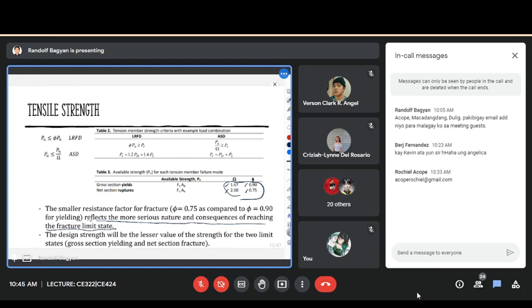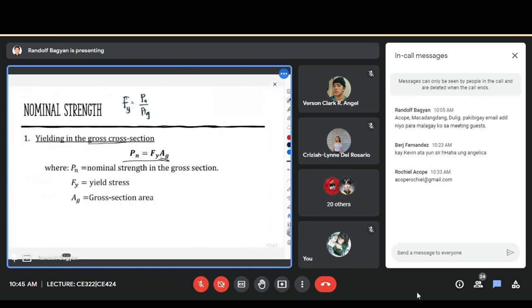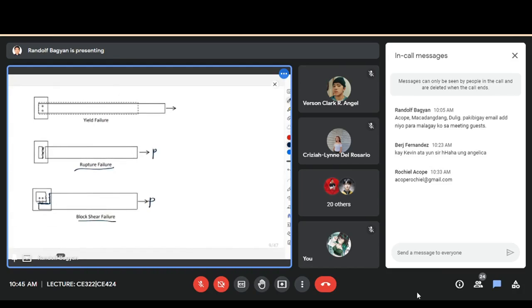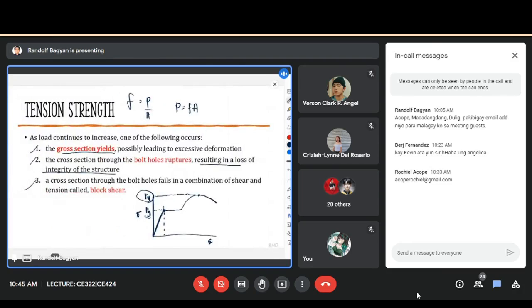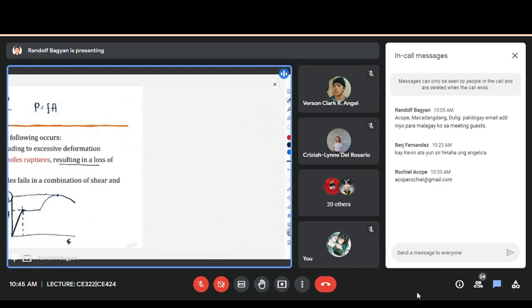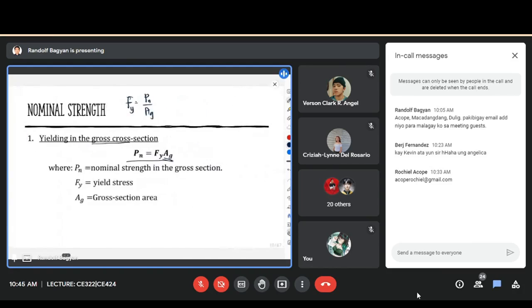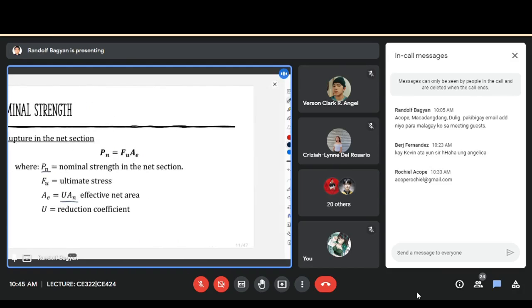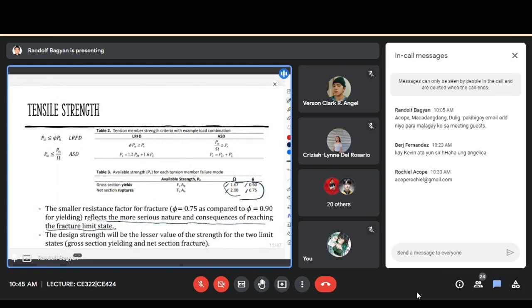Of course, kapag sa yield, hanggang dito pa lang naman siya. Dito, Fy. Eh, ang ating rupture, dito na, yung mapuputol na yung ating member. So delikado yun, so that, ibinaba talaga yung ating factor doon. 0.75 lang, sabi ng ating NSCP.